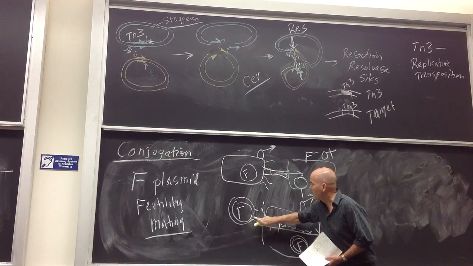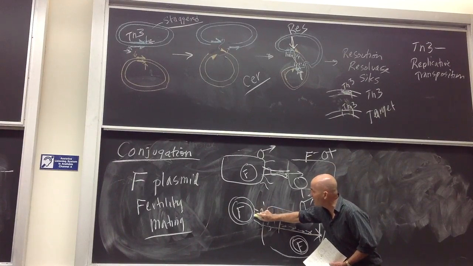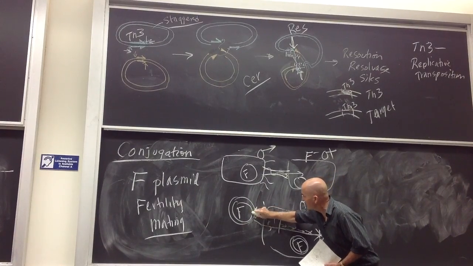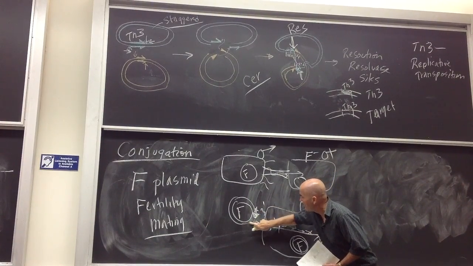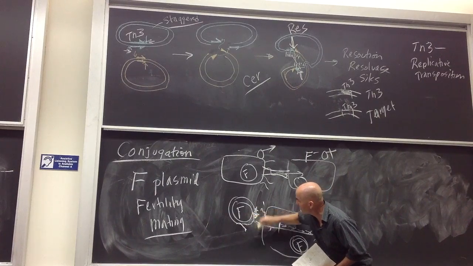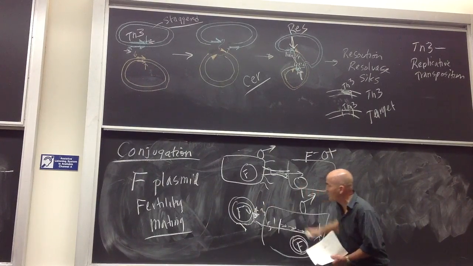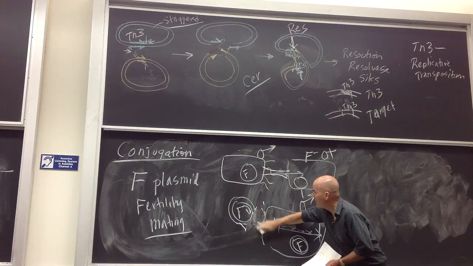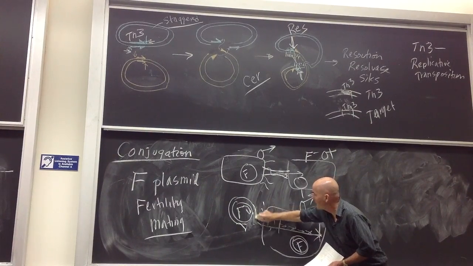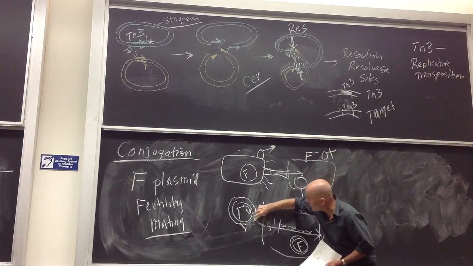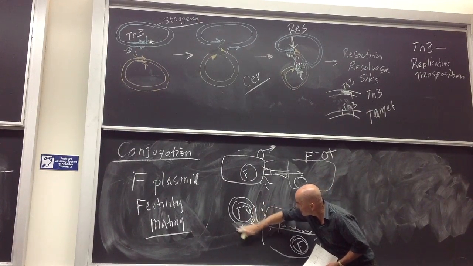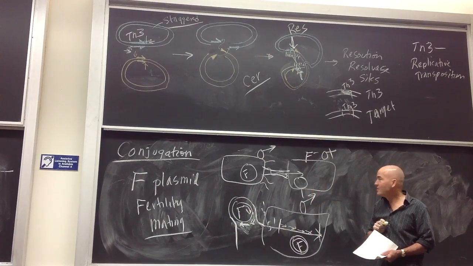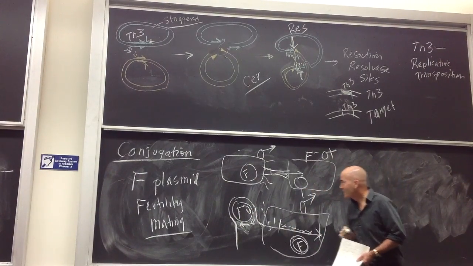Now, of course, this F is losing one strand, so how does it make its other strand? Can you see that arrow? This guy is rolling in this direction, and basically this strand goes there, and now we synthesize. I'm going to peel this away. Can everyone see that? No. That's a mess.